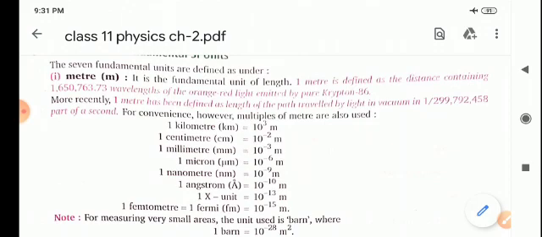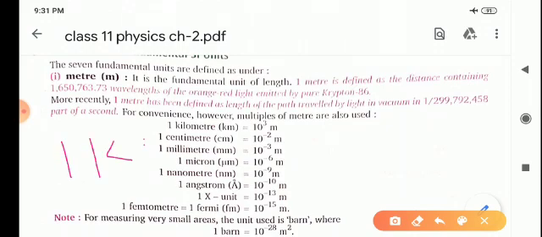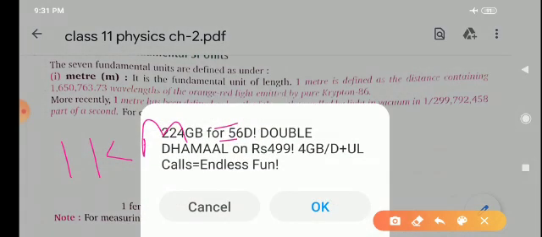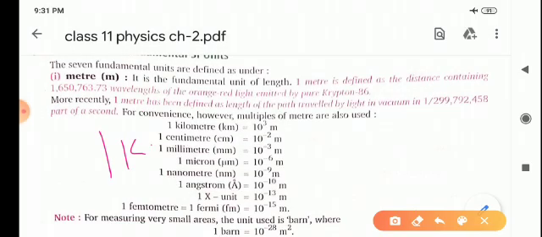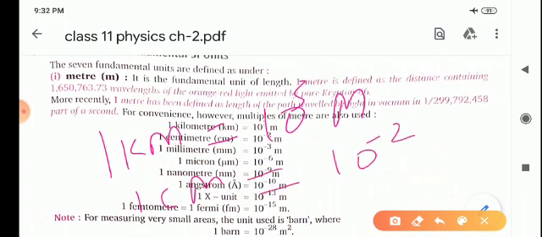1 kilometer is equal to 10 power 3 meter. 1 centimeter is equal to 10 power minus 2 meter.